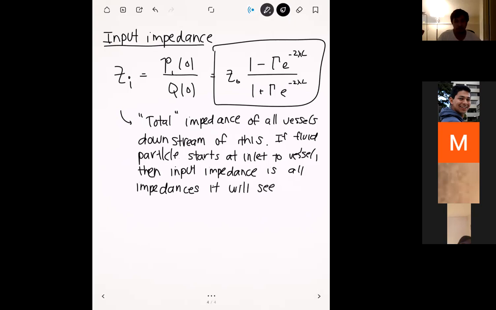As the fluid particle flows along the vessel, it will experience both the characteristic impedance and all the terminal impedances as well.